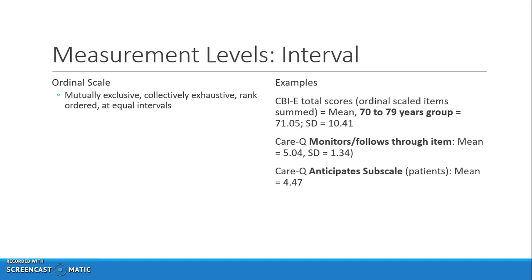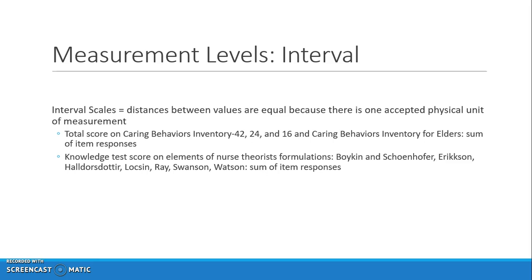There are some examples from the Caring Behaviors Inventory for elders with some statistics related to the data being summed, so it's interval level data. The same is true of the Care-Q instrument, and also not only the monitors follows through item, but also the anticipates subscale item.